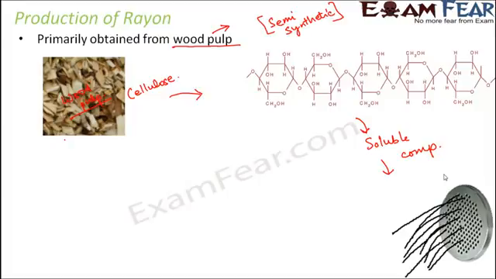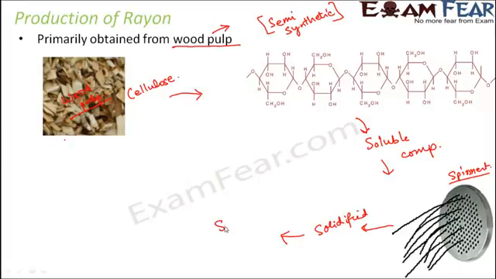pass through the spinneret. You remember the concept of the spinneret: it is nothing but a disc-like structure through which the viscous polymers are forced to come out. They come out in the form of thin fibers or filaments. These filaments are then allowed to solidify, and when they solidify completely, they form the rayon fibers.